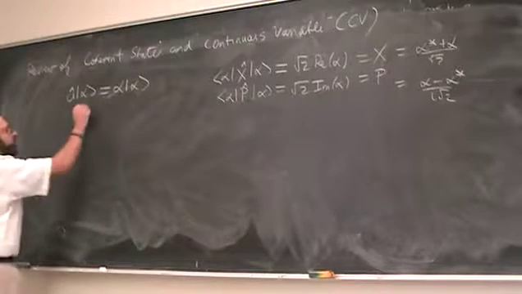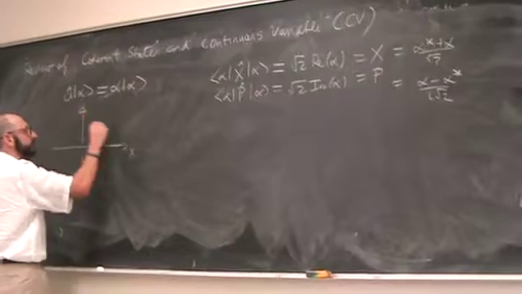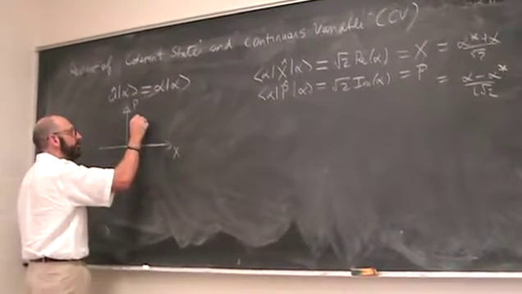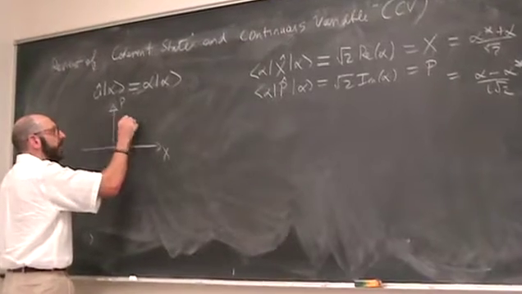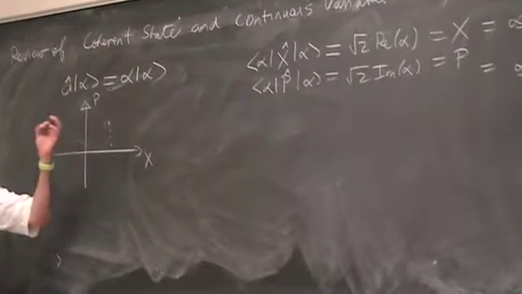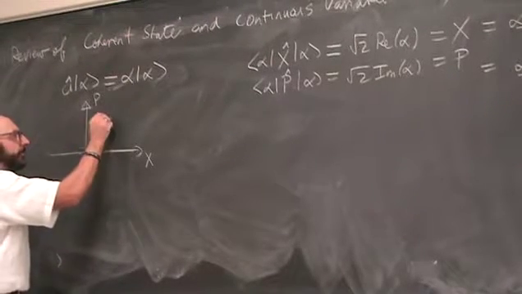So when we drew this picture in phase space, we thought about the coherent state as being a wave packet localized at a point, with some fluctuations around that.